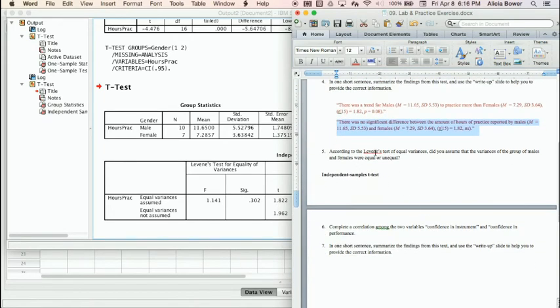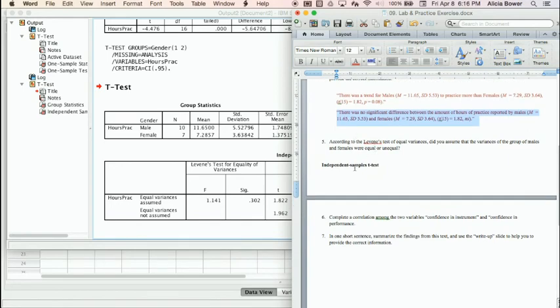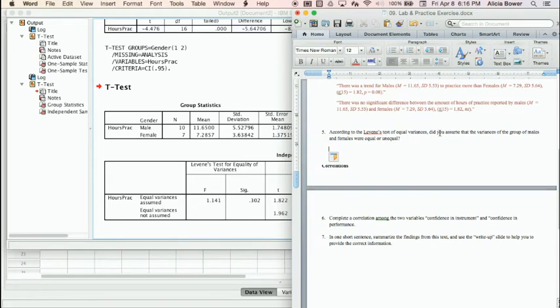Oh, and here's your last question on independent samples t-test. This is supposed to be correlations. There. So on question number 5, according to Levene's test of equal variances, did you assume that the variances of the groups of males and females were equal or unequal? So I'm basically just asking you, was Levene's test for equality of variances significant?